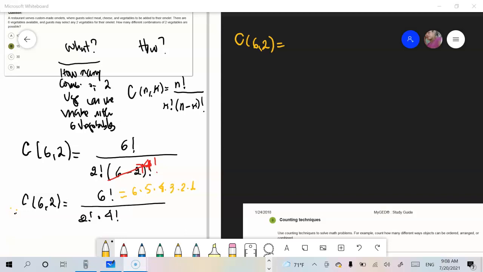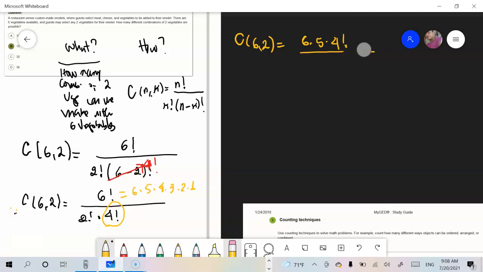That's 6 factorial, but because I have 4 factorial here, I'm not going to develop everything. I will just write 6 by 5 by 4 factorial, and I'm going to leave it there so I can cancel it out with the factorial I have at the bottom.